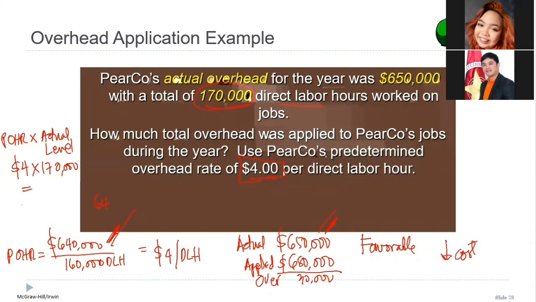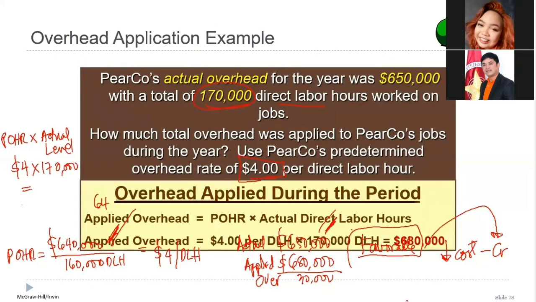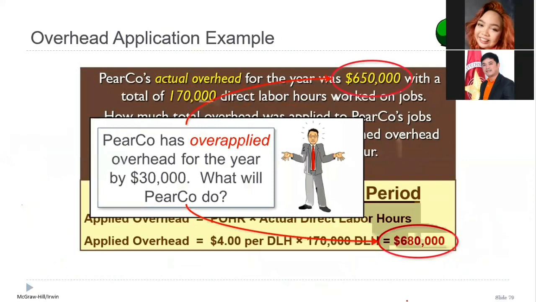So pag papababain ng cost, pag ginawan mo ng entry yan, is it debited or credited? So dapat naka-credit. Pag favorable, dapat naka-credit ang cost of sales. Pero kapag unfavorable, naka-debit dapat. So tingnan po natin yung next slide. Okay? So, yan. So PeerCo has over-applied overhead for the year by $30,000. So ito yung sinabi natin na answer natin kanina.